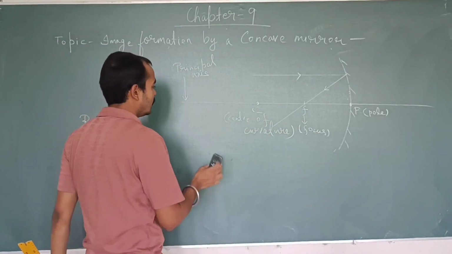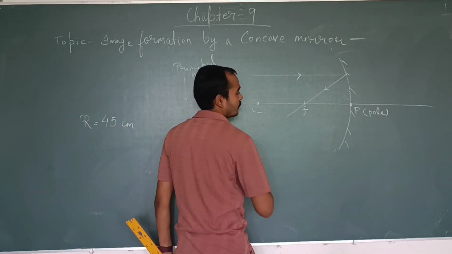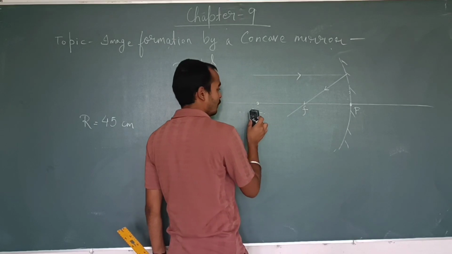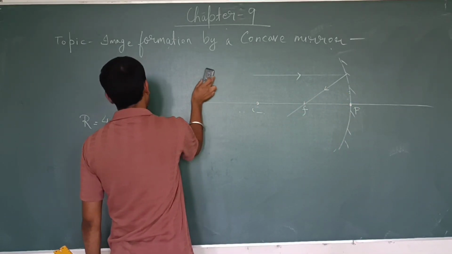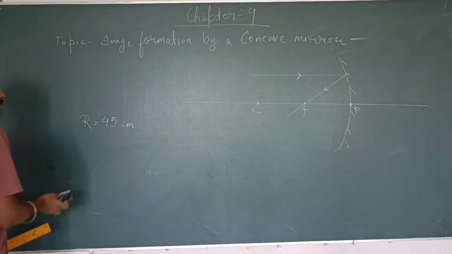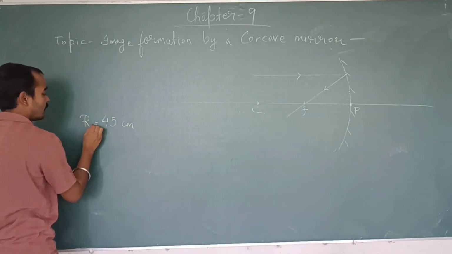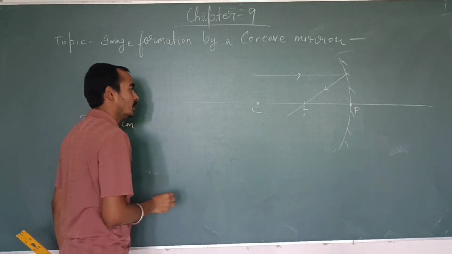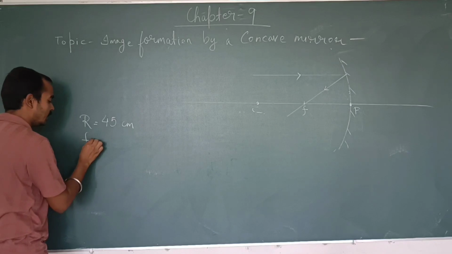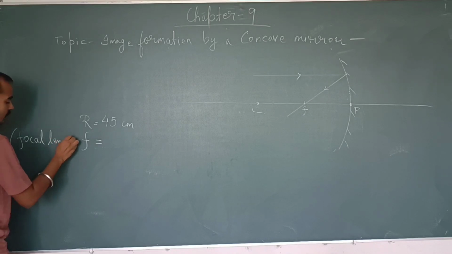Now to make the diagram clear, I am just rubbing these names. Okay, we know what is C, the center of curvature, the focus, and the pole. This line is called the principal axis. In this diagram, the radius of curvature is 45 centimeter, and F is known as the focal length.